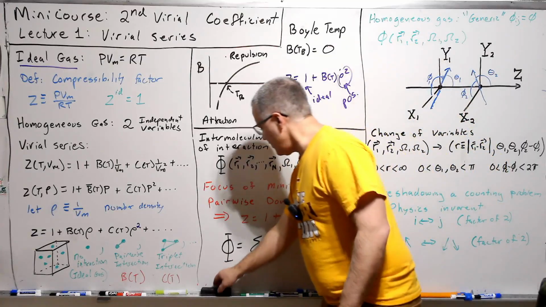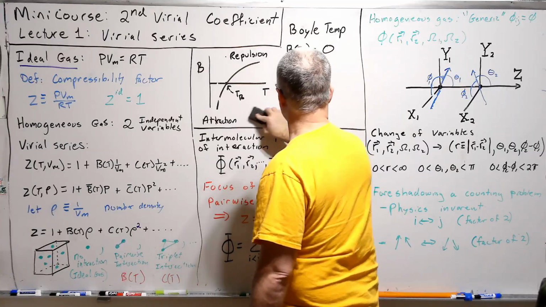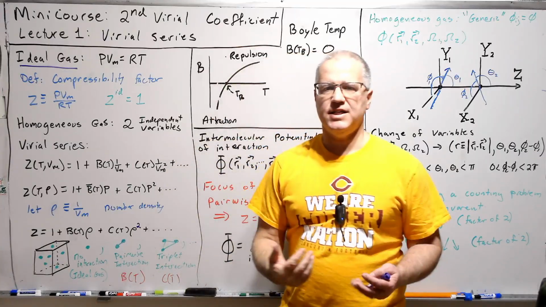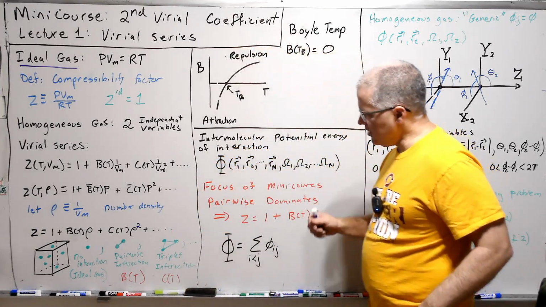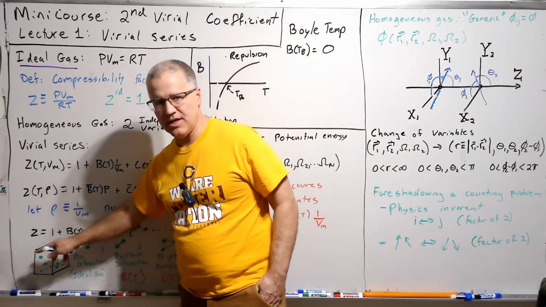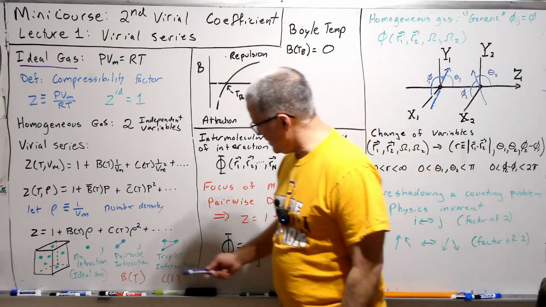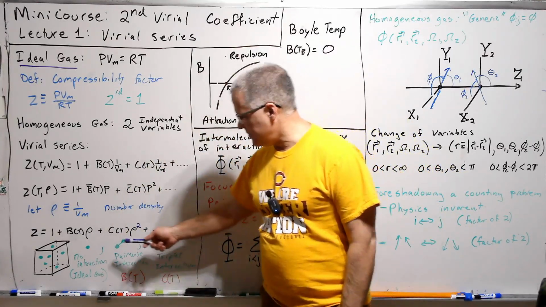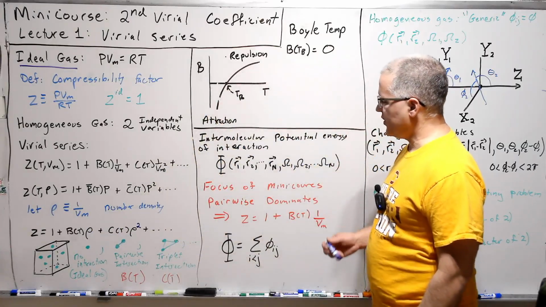Okay, let's look at now this idea of these intermolecular potentials. So in general, we've got our system here, and we will have this sort of no interaction, all by itself, then pairwise, triplet, and so on.